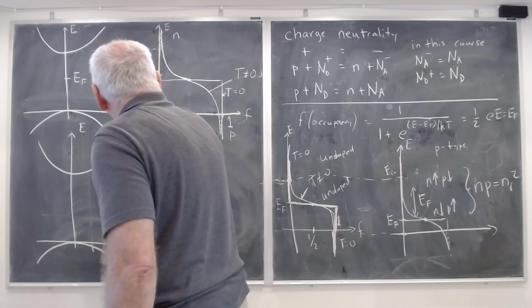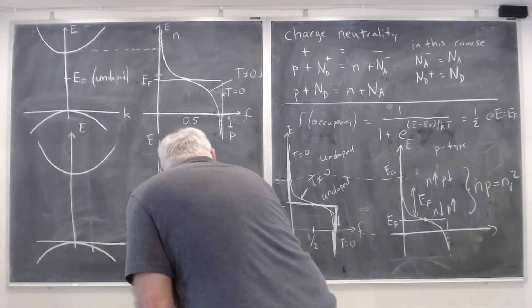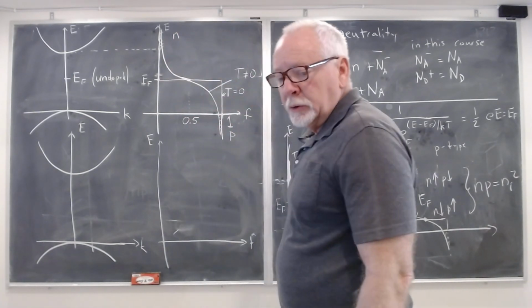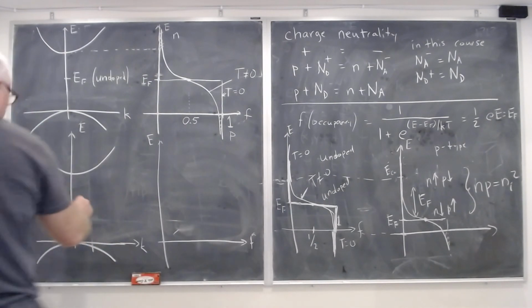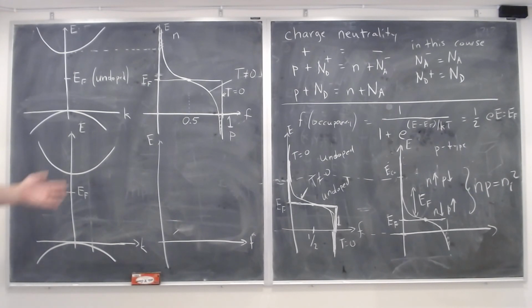Draw E versus K. And now what I'm going to do is put EF closer to the conduction band. Now here you may say, okay, how'd you do that? Well, I did that by doping the material N-type. And then you may be saying, well, okay, but I don't see the connection. How did doping the material N-type move the Fermi energy closer to the conduction band?